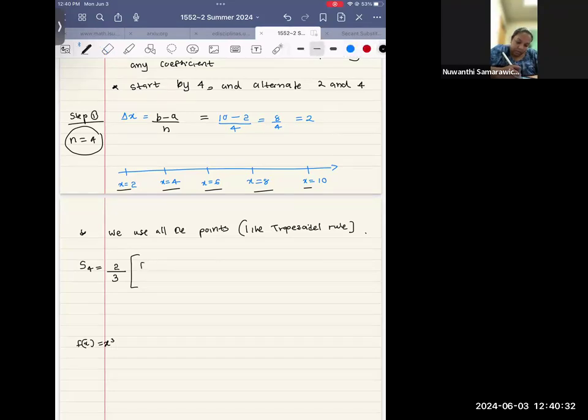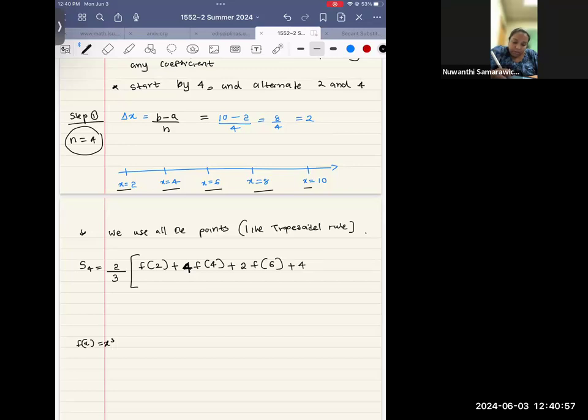So the first point is f at 2, plus 4 f at 4, sorry, we start from 4, so 4 f at 4, plus 2 into f at 6, and we alternate.